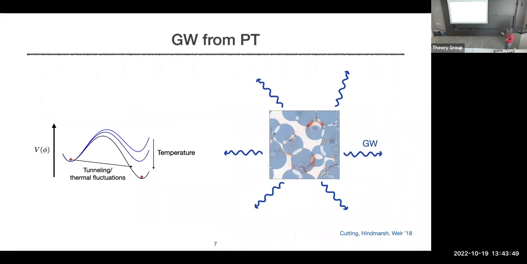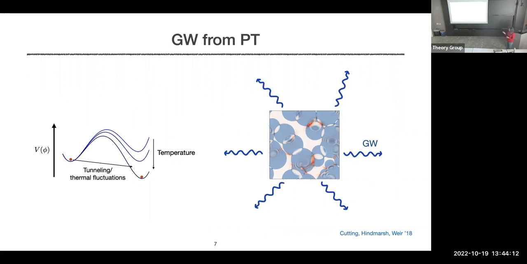Okay. But for the phase transition, which paper is this? This is an old paper where people even propose that the stochastic gravitational wave background will be released by the phase transition. The actual shape depends on the time scale of the phase transition.